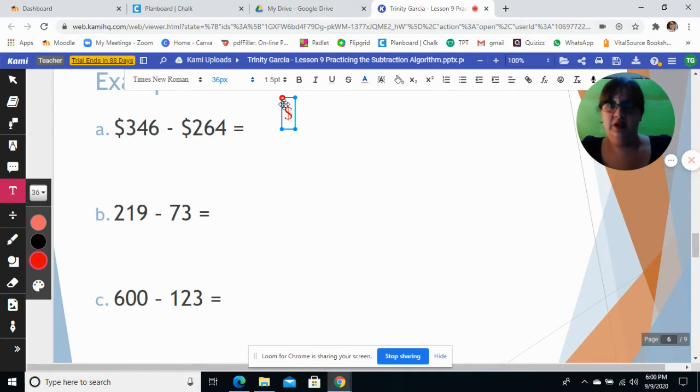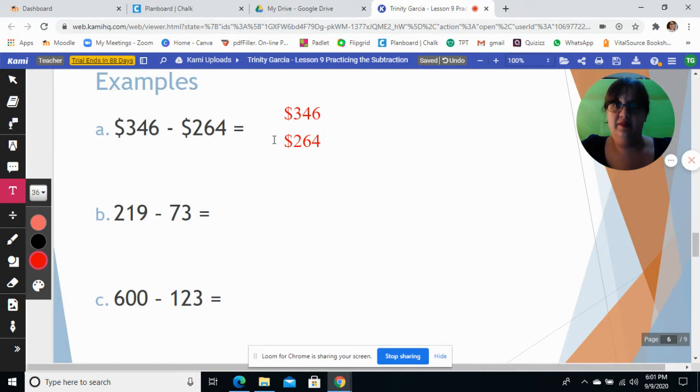So we're going to put our dollar sign and we're going to put 346, and then we need to subtract, so we're going to put down here 264, and then over to the side here, I'm going to put in a different little box so it doesn't mess up our writing.